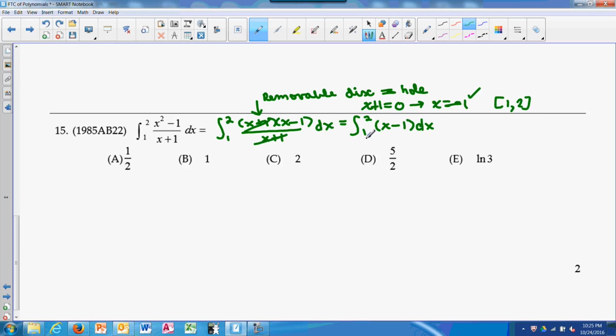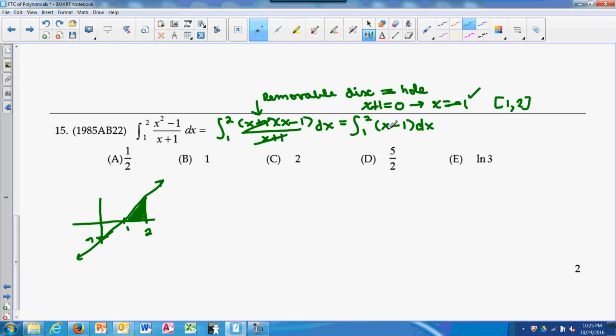So now there's two ways I can integrate this. One way is using geometry. X minus 1 is this line. And doing the area from x is 1 to x is 2, we'll be finding the area of this triangle.